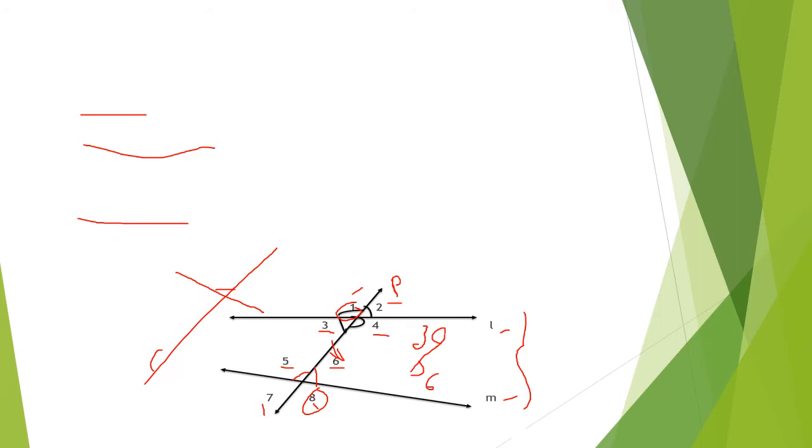So here two parallel lines L and M, and the transversal is P. Here angles 1, 2, 3, 4, 5, 6, 7, 8. There are different names for these angles. Now we are going to see that. So first one is interior angles.